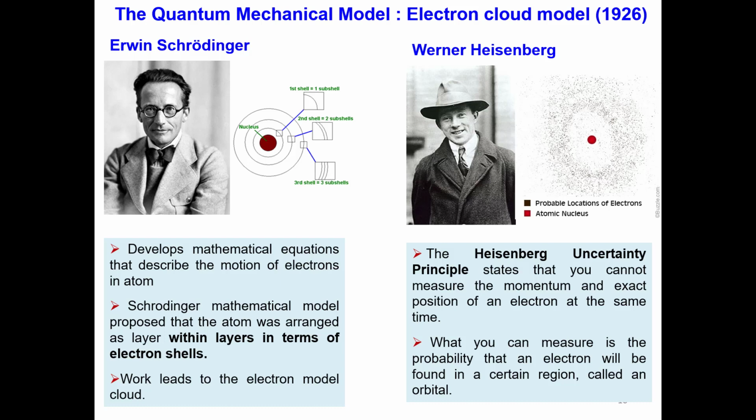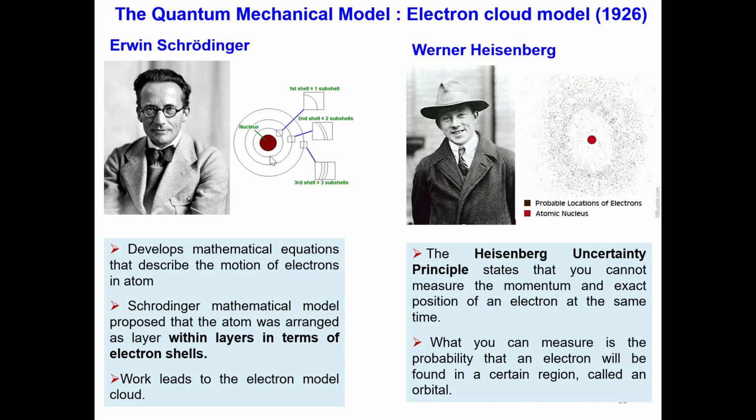When he developed his mathematical model, what he found is that the only way he could explain the results he got was if the orbits proposed by Niels Bohr were not just one orbit, but shells that have some subshells, some suborbits.